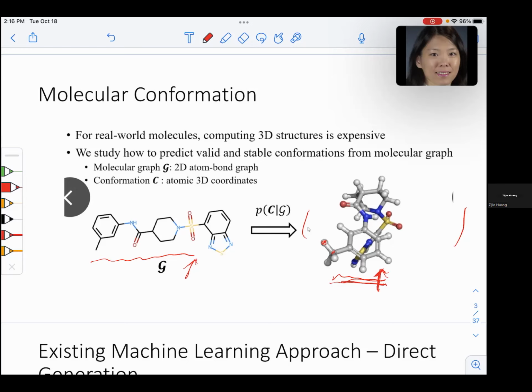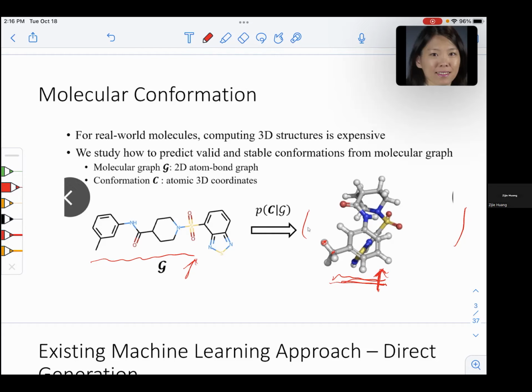I see. Okay, yeah, I think Fred has put something in the chat box. Yeah, I think for the problem setting itself, if I understand correctly, it is also based on the generated molecular graph in their experiment setting.